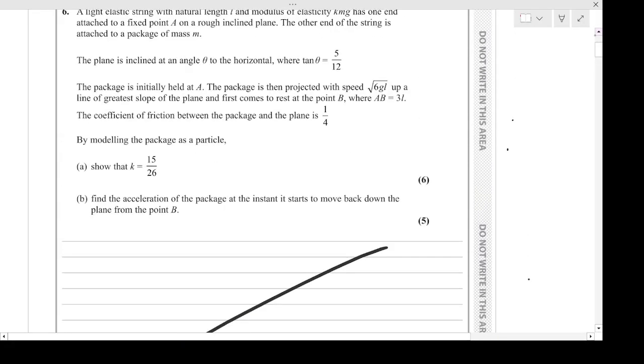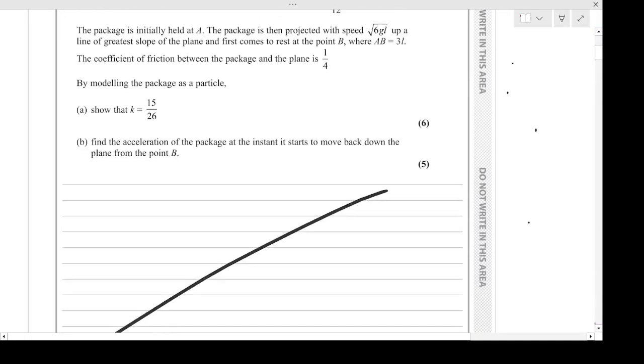We're told this package, this particle on the string, is going to go up the slope. So we're going to have our string here, my fixed point, the one end of the string, and then the particle's going to go moving up the ramp like that.